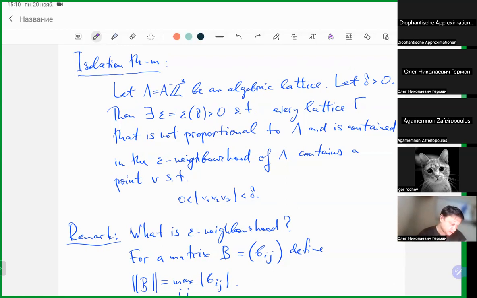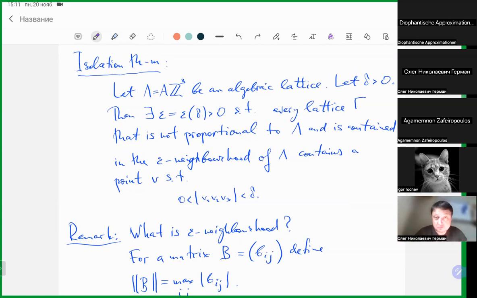There will exist a point B in this altered lattice such that the product of its coordinates will be sandwiched between 0 and delta. And what is important, it will be positive.